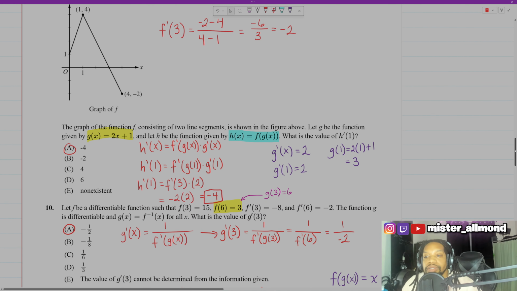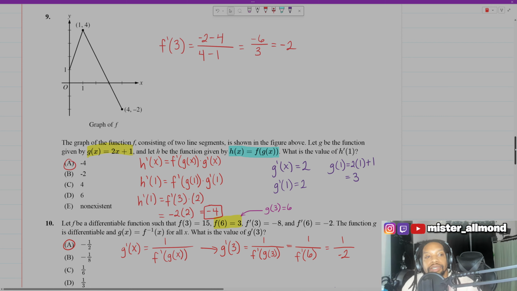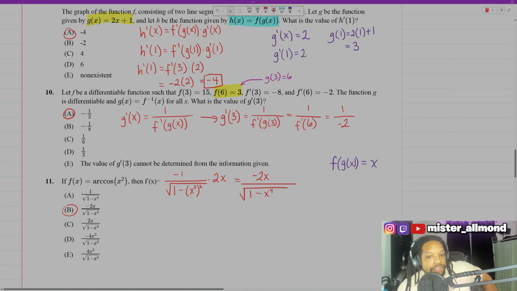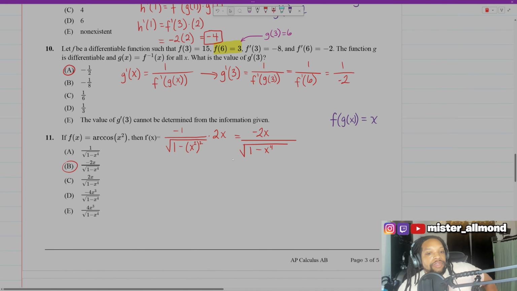Here's number 9. This one, number 9 is easy. It's just different. Meaning, like, you don't see these types of problems every day, I guess I should say. But that was just like a chain rule with a graph. Number 10, inverse function. Number 11, inverse trig derivative.